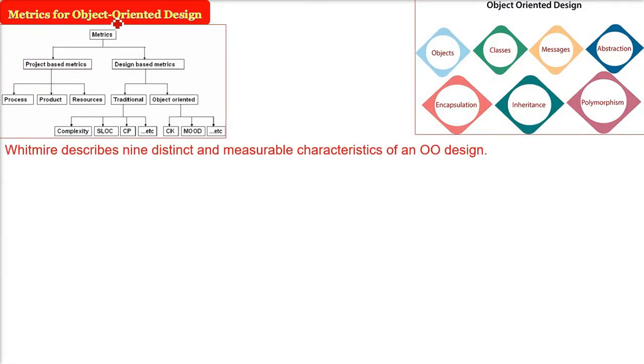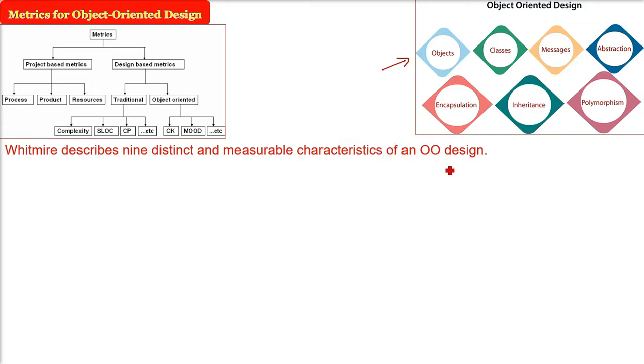Metrics for object-oriented design. Now, object-oriented design has a lot of concepts. We start with the creation of a class, then we create objects, then we have functions inside and attributes which are encapsulated. Then we have messages passing through classes. Then there is inheritance going on. There is polymorphism.